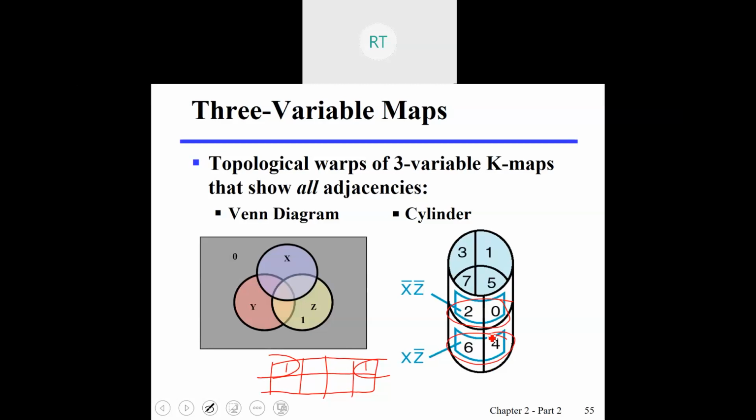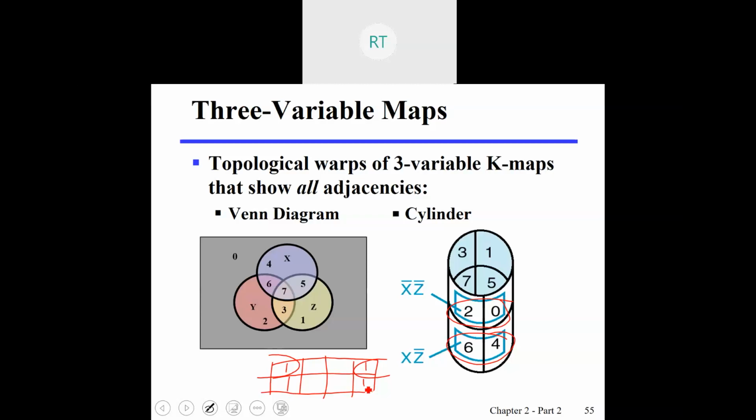Not only do they have to be adjacent in the middle, the edges are also adjacent. You have to keep in mind that K-maps could be rolled. When you roll them, the edges become adjacent. Imagine having a paper and you roll it. So if you have here a 1 and here a 1, what do you do, guys?